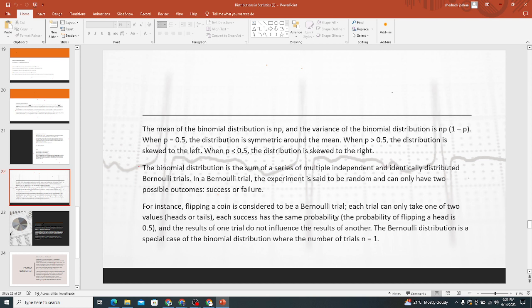Each success has the same probability: the probability of flipping a head is 0.5, so the probability of flipping a tail is also 0.5. The results of one trial do not influence the results of another. So the Bernoulli distribution is a special case of binomial distribution where the number of trials n is equal to 1.